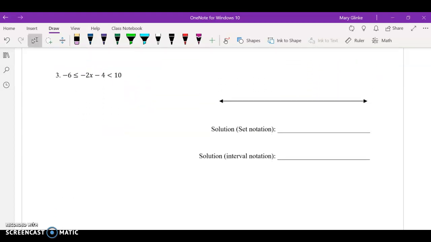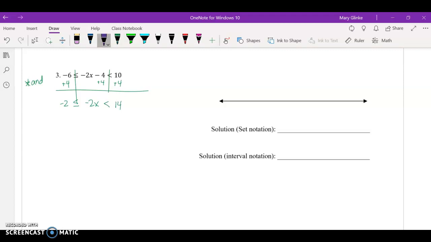So let's take a look at number 3. This is an AND problem only because it's squished together the way it is. So I'm going to go ahead and add 4, but I have to add 4 in all of the different parts of my inequality. So I get negative 2 is less than or equal to negative 2x, which is less than 14.